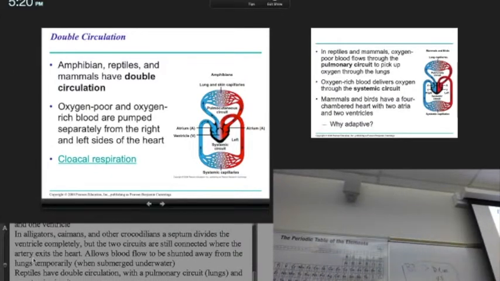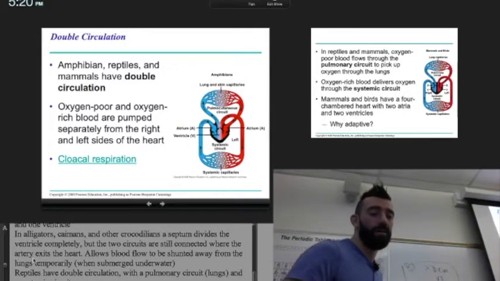Okay, so in reptiles, the ventricle has this ridge that goes all the way, but as soon as blood exits the ventricle into the artery, it can take either of these routes. So again, there's a little bit of an allowance for some crosstalk here between the oxygen-rich and oxygen-poor routes.